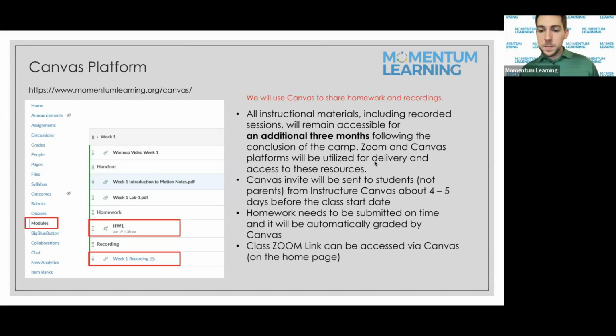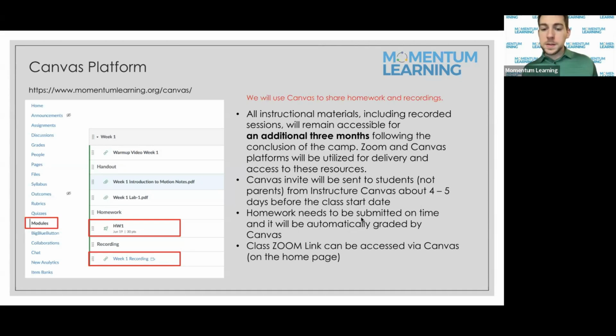Right, so the main programs that we use are Zoom for the telecommuting and then Canvas for the course materials. It says a Canvas invite will be sent to students, not parents, about 4 to 5 days before the class starts. So you'll get connected with the online course almost a week ahead of time.